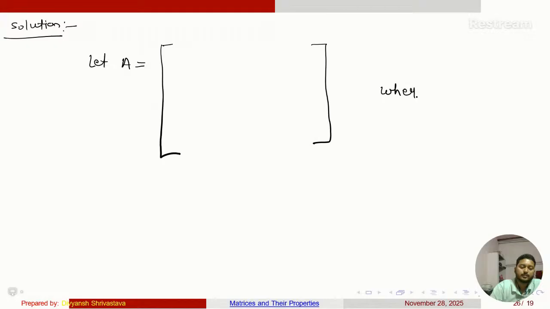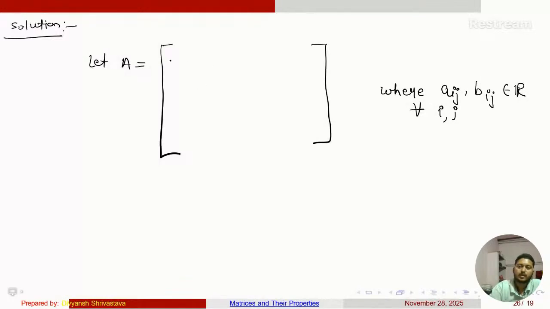Take some entries a_ij and b_ij belonging to R for all i, j. So how do we represent this square matrix in complex form? You know that a complex number has a real part and an imaginary part.